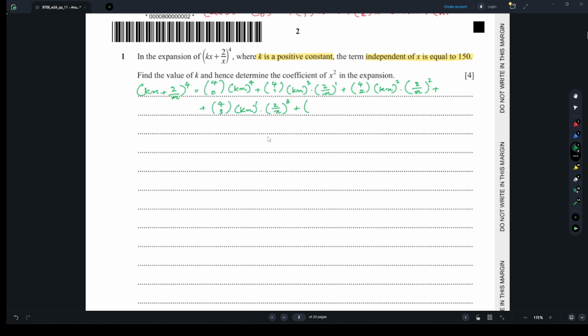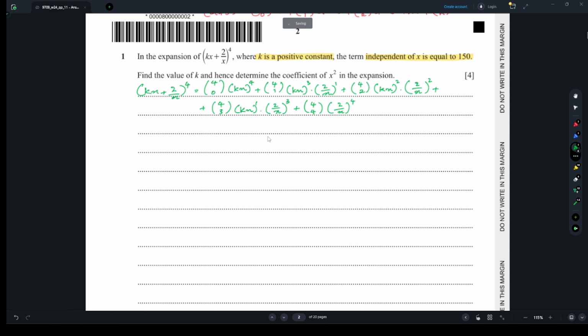This is the last term, 4C4, kx to the power 0, which is 1, so we don't need to write it, and then 2 over x to the power 4.